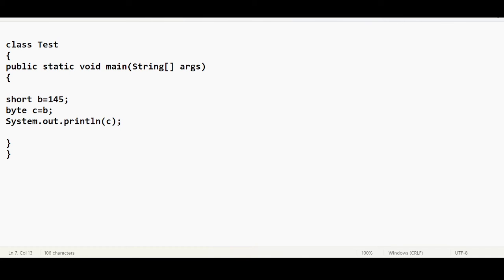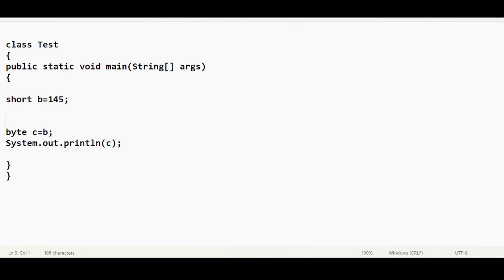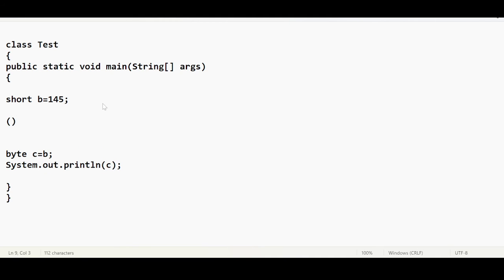Very simple. If I want to make this possible, so this b is representing the short data type. I need to use a typecaster. So this is the typecasting symbol, opening bracket and closing bracket. Right? The data type I am going to use inside has to be compatible with the data type that is assigned to the resultant value.